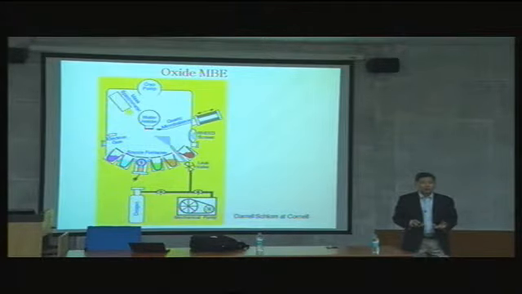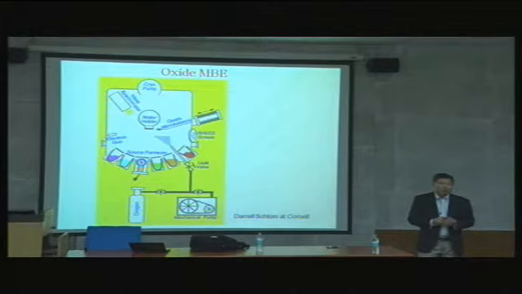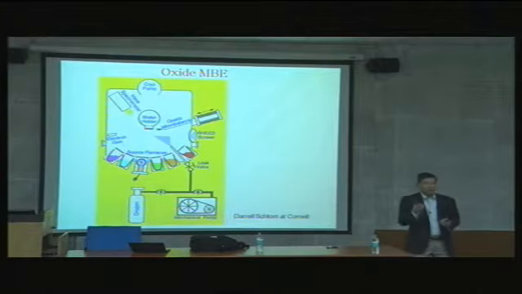So the easy way to do it is simple: just mix everything into one target. You make this target by precisely weighing the actual cations you are going to add, mixing and grinding it, making a completely reacted composite.